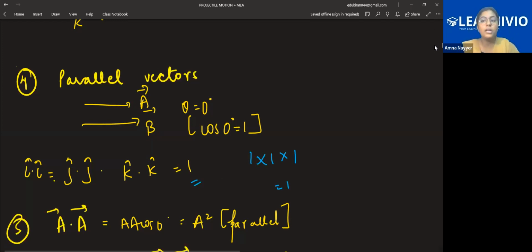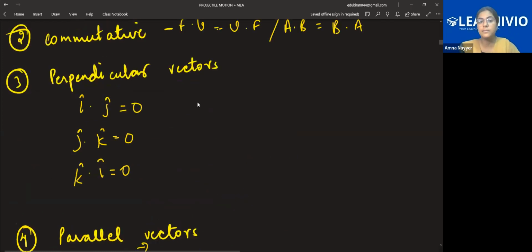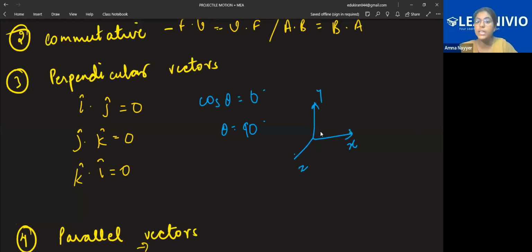But when we are talking about the perpendicular vectors, here cos theta becomes 0. Why? Because our theta here is 90 degrees. All these axes are perpendicular to each other. X, Y, and Z, all these are perpendicular to each other. So that's why this angle becomes 90 degrees.